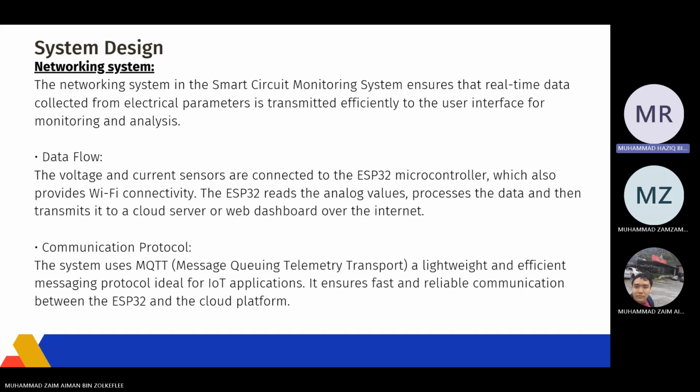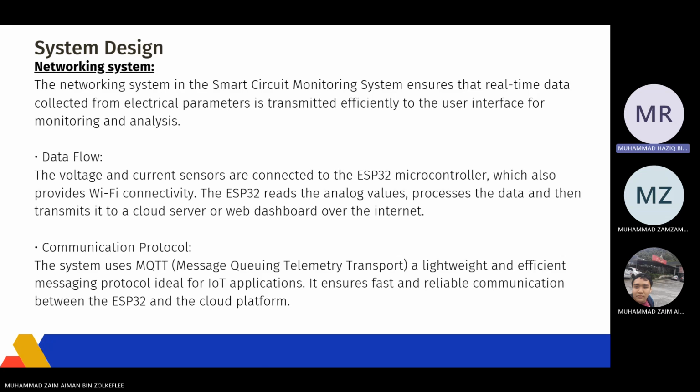The voltage and current sensors are connected to the ESP32 microcontroller, which also provides the Wi-Fi connection. The ESP32 reads the analog values and processes the data, then transmits it to a cloud server or web dashboard over the internet. For the communication protocol, the system uses MQTT, which is Message Queue Telemetry Transport, a lightweight and efficient message protocol, ideal for IoT applications and ensuring fast and reliable communication between the ESP32 and the cloud platform.